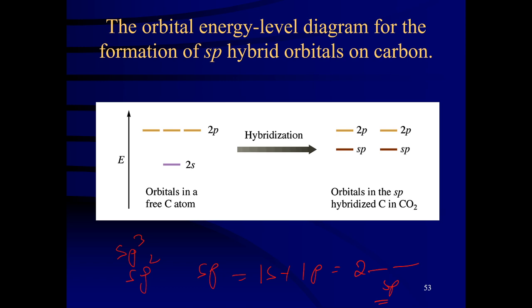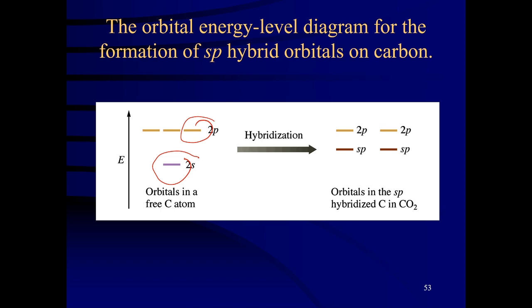In a similar way, there is a change in energy. Now note that from here, the sp appears lower because it has lower energy, and this has a higher energy. So there will be interaction between this and one of that to give you sp, sp. Then these two will remain as pure p orbitals like that.